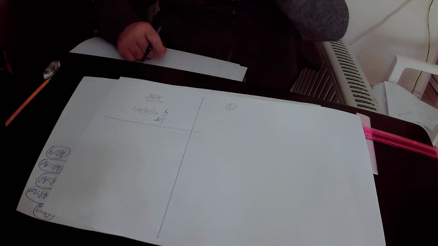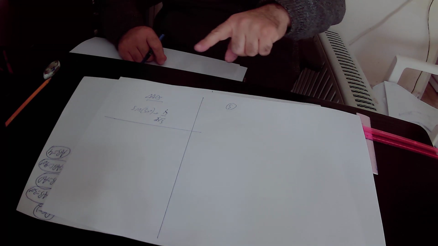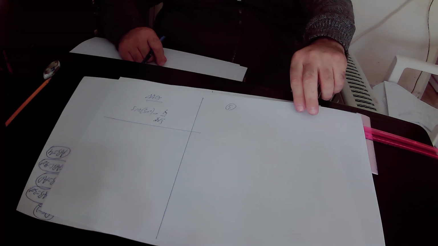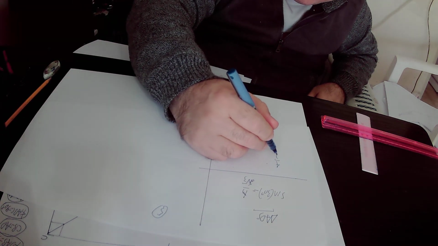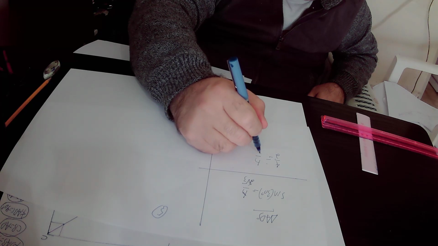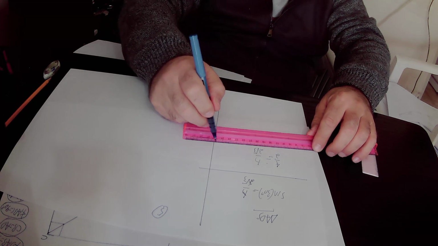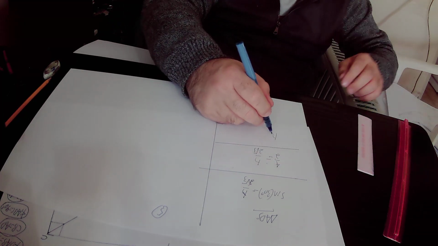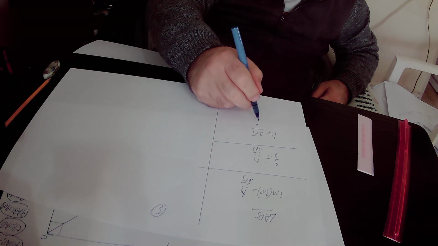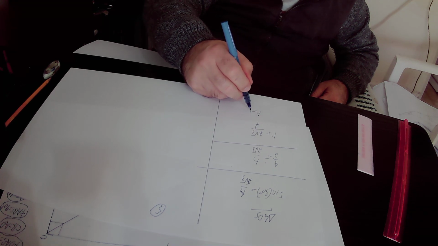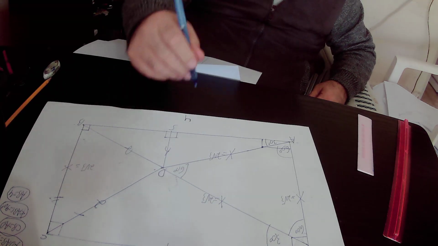In triangle ADS, sine 30 degrees equals H over 2 times square root of 3. We know that sine 30 degrees equals 1 over 2, so I'll write it down. We get that 1 over 2 equals H over 2 times square root of 3. Here we will multiply this equation by 2 times square root of 3, and we will get that H equals 2 times square root of 3 over 2. 2 over 2 is 1, so we found out that H equals square root of 3 units. Here, H equals square root of 3 units.